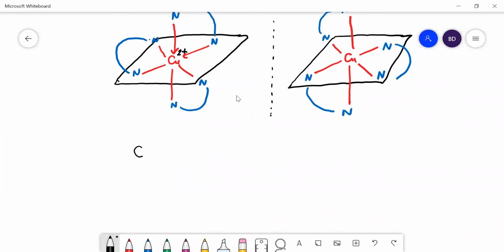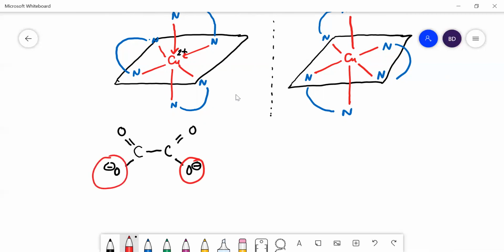That is basically the ion from ethane dioic acid, which gives away the protons to form the salt. They've got lone pairs on the oxygens, they can form dative bonds to the central ion, so that can form complex ions as well.